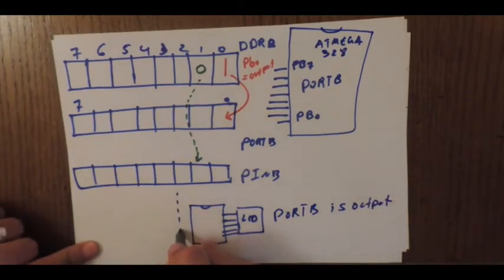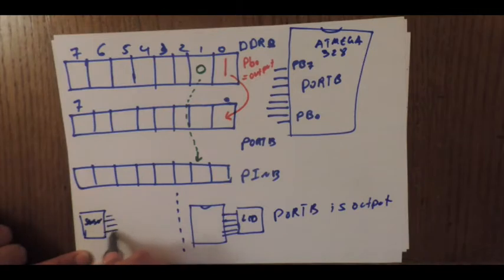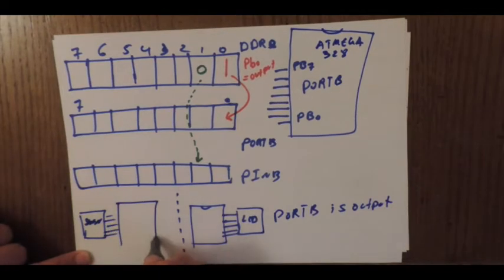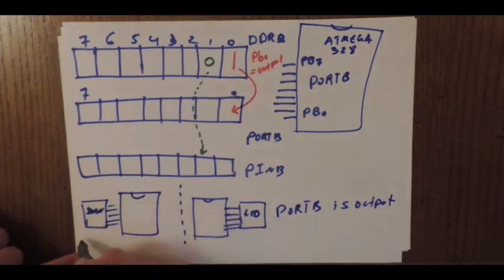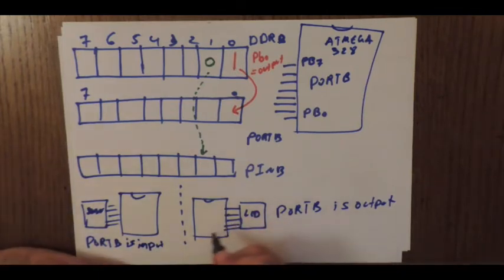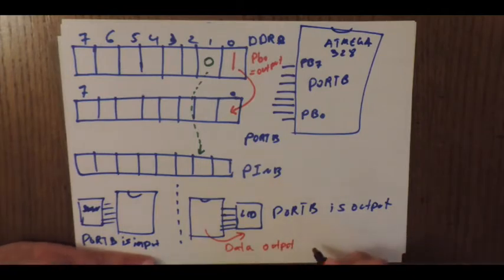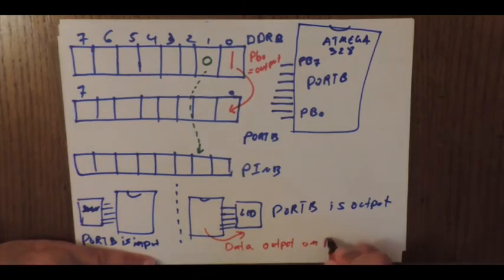In another case, if I have a sensor, and this is the microcontroller, in this case, port B is input. And in the first case, I have data being outputted. This is data outputted or placed on port B.